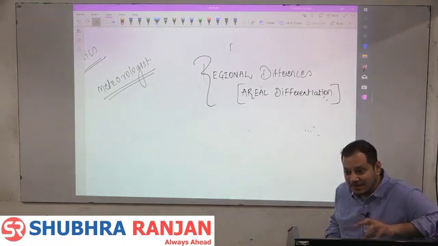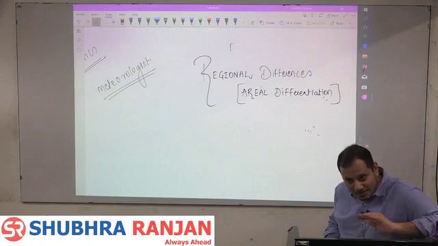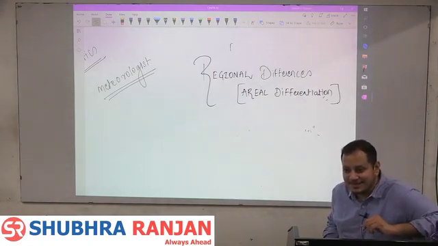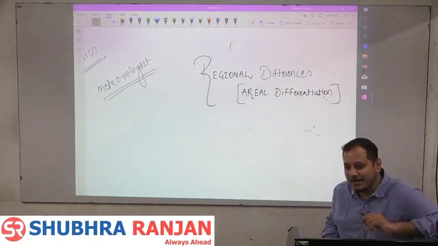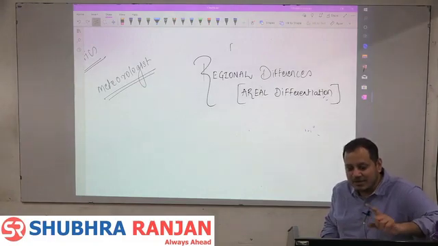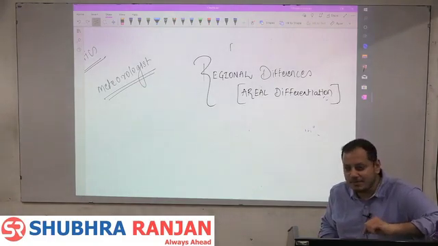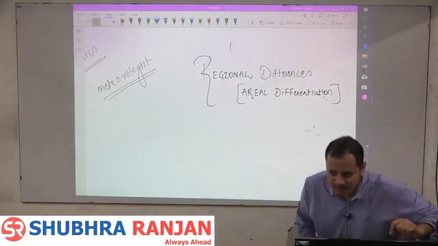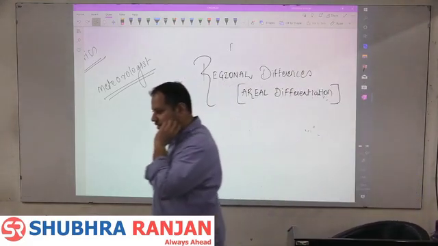Dry winters and rainfall. And come to the Trevartha's D type of climate. How many types? DA, DB, DC, DD, 4 types. Is this on the basis of rainfall or temperature? Temperature. That is the first difference.